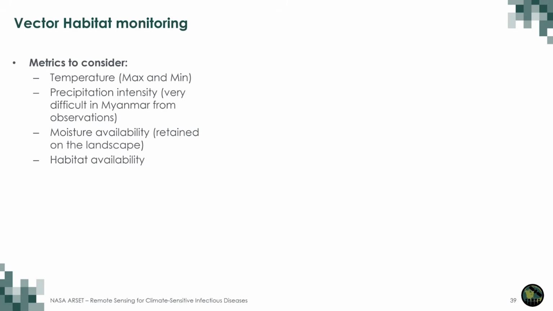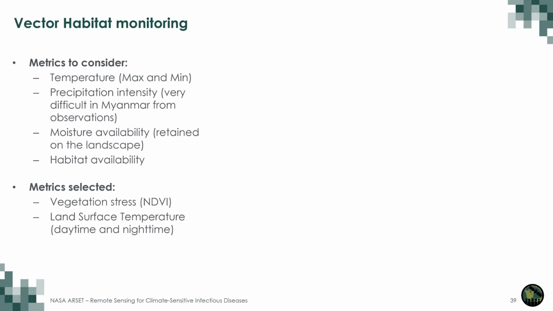And ultimately, habitat availability. Are there forests for forest-dwelling mosquitoes? Are there grasslands for grass-dwelling mosquitoes? So those are the considerations. To do that, we selected two metrics from Earth observation data. The first one is the vegetation stress, measured by the normalized difference vegetation index, NDVI, a very common metric.